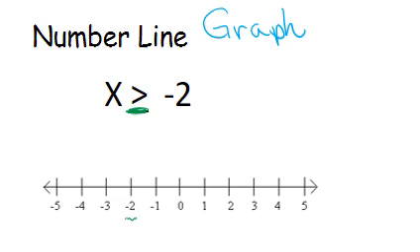Therefore, we are going to have a closed circle on the number -2. The inequality statement reads, x is greater than or equal to -2. So that means that it's greater than, bigger than -2. So we are going to graph to the right. So we'll shade all of this to the right.